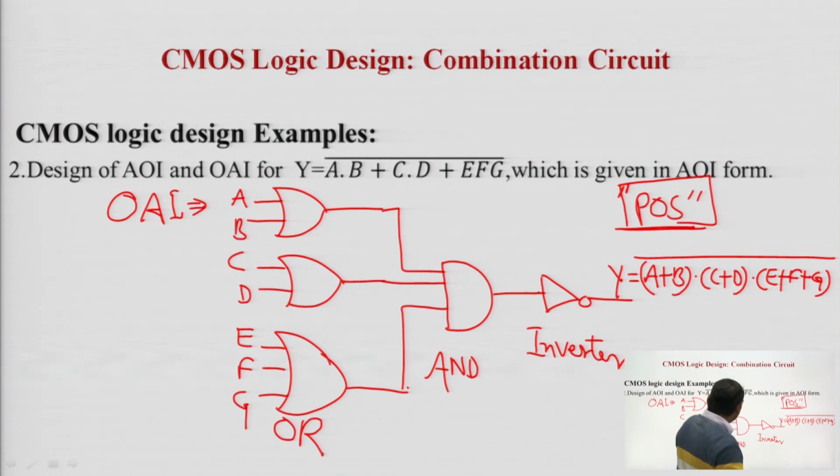These are A plus B dot C plus D plus E plus F plus G, a similar design that follows the CMOS logic design steps.